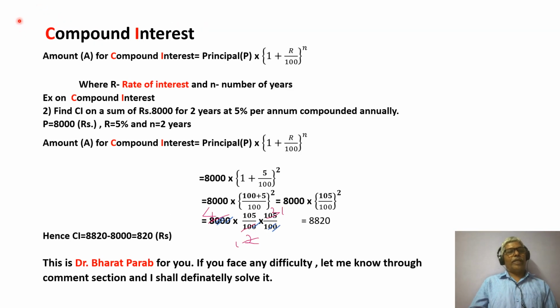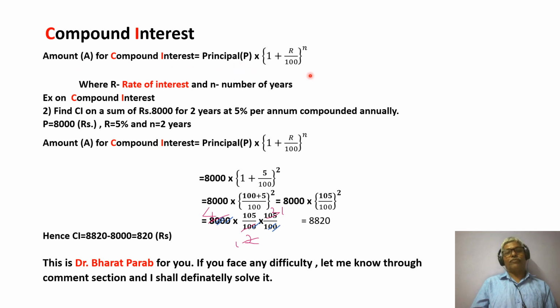So after solving an example on simple interest, we come ahead to solve an example on compound interest. This is the formula for compound interest. Amount A for compound interest equals principal P into 1 plus R upon 100, whole raised to n. Okay, this is amount, not interest. As in the simple interest formula, that was only simple interest, and this is amount.